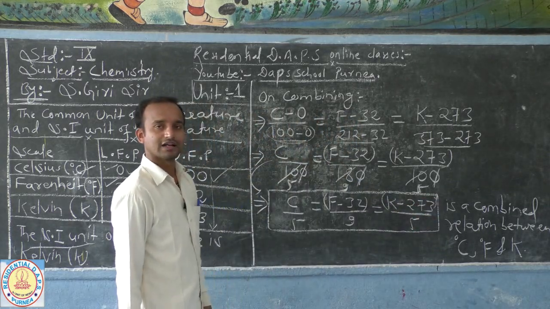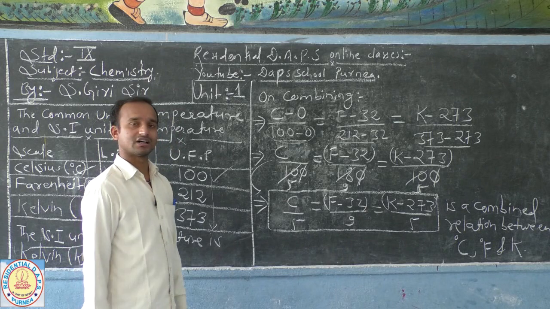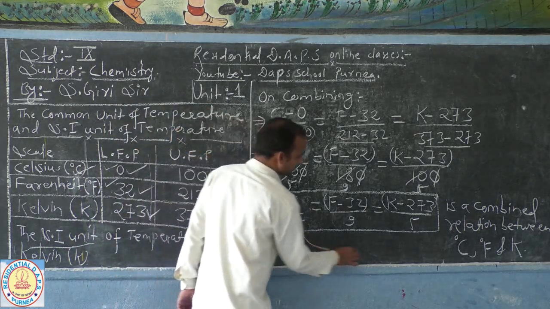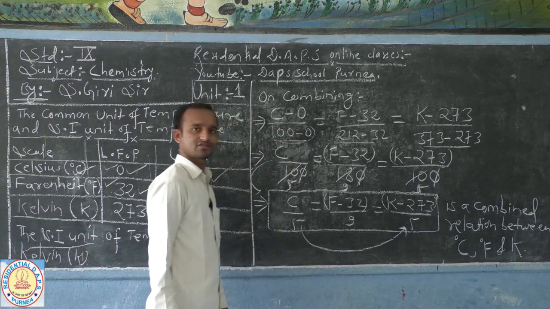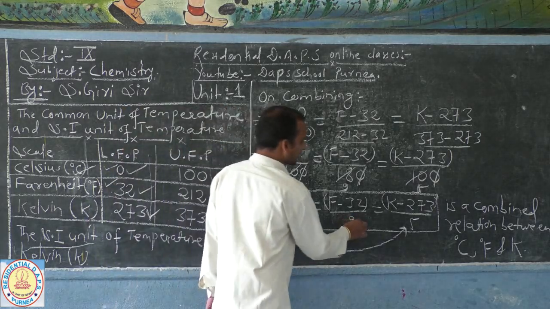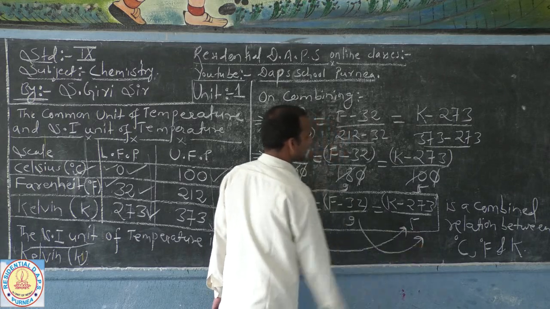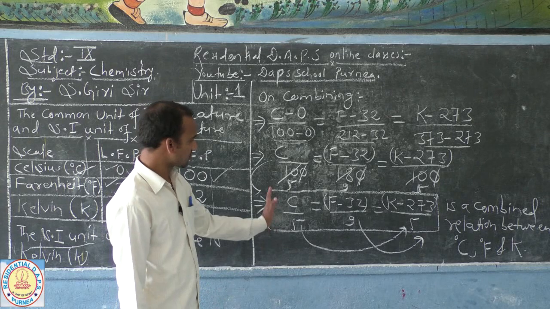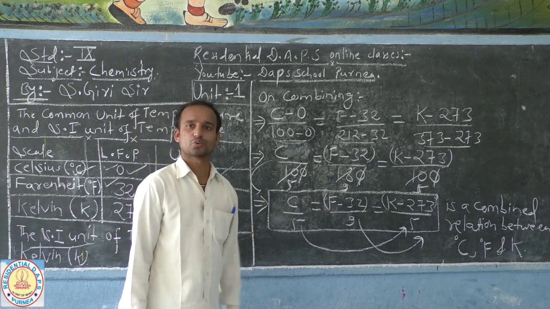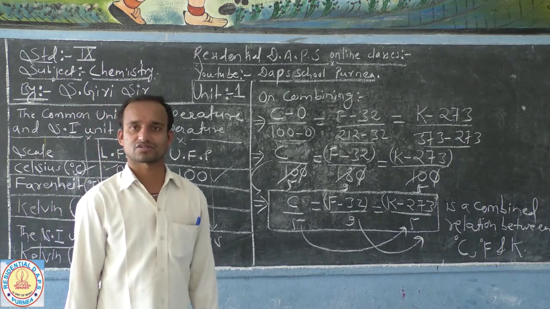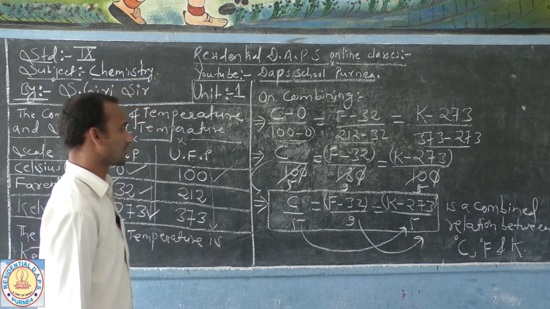Now if the question asks you to convert some degrees Celsius to Kelvin, then you have to take these two relations, right? If the question asks you to convert degree Fahrenheit into Kelvin, then you have to take these two relations. Got the point? Using these relations we can convert the units of temperature as you have been asked.